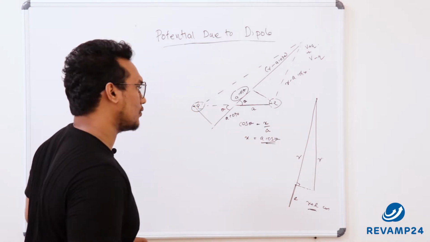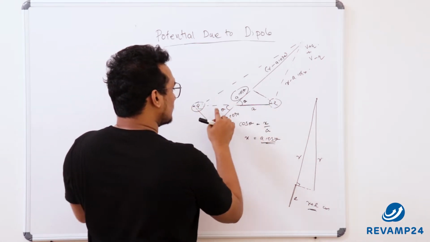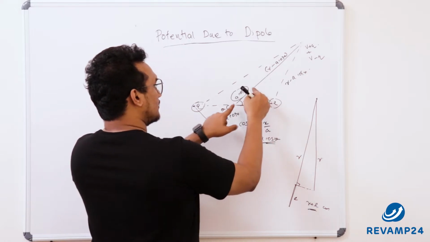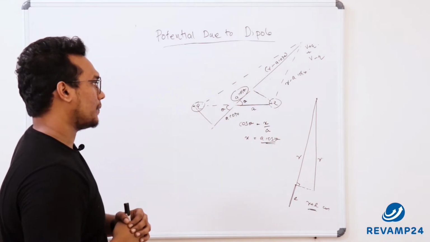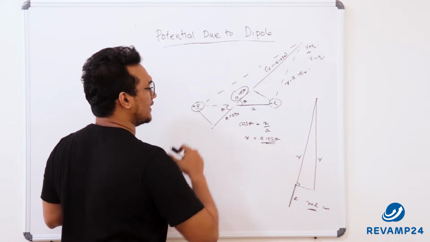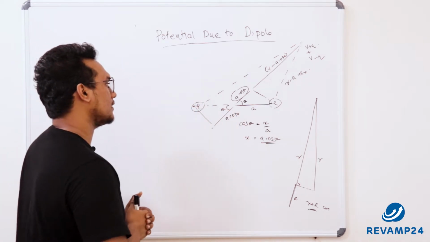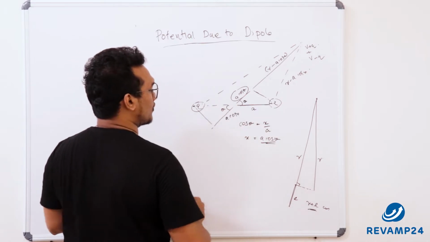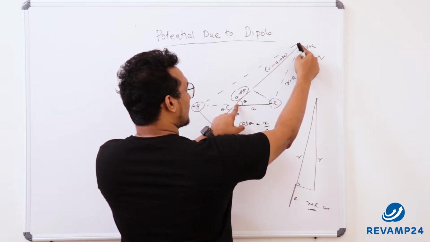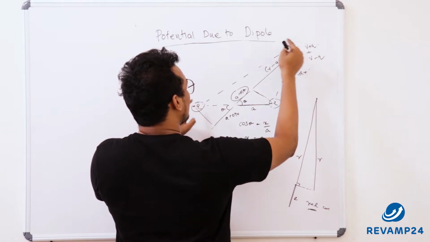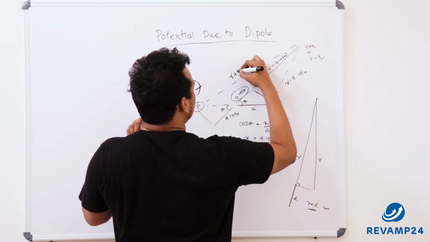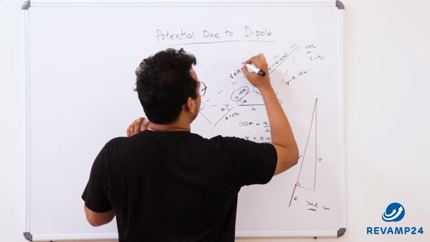Basically the ratio will be equal, but as these two are equal, the ratio will be 1, so this will also be equal to this one. You can apply the trigonometric properties of similar triangles and get the value as a cos theta. I'm not explaining it over here, but this value will be a cos theta. Now if this is r, and this is a cos theta, the total will be r plus a cos theta. So that will be here as well, r plus a cos theta.